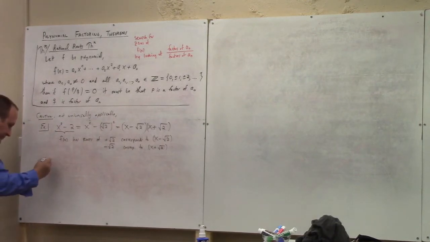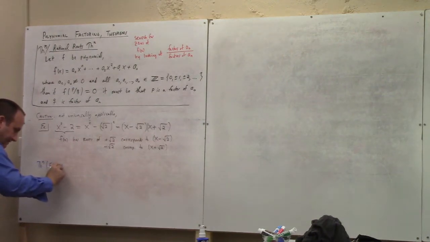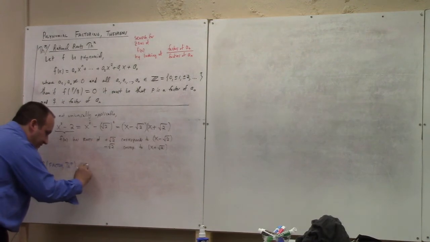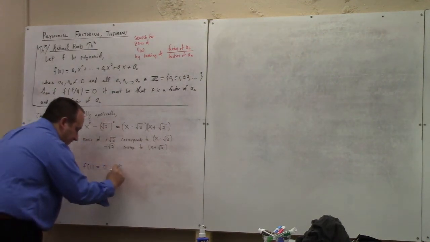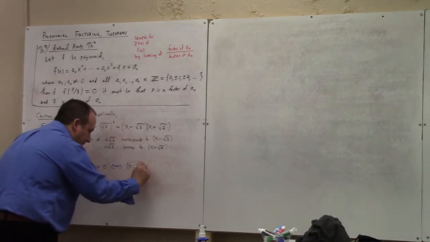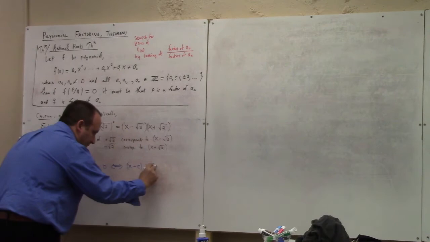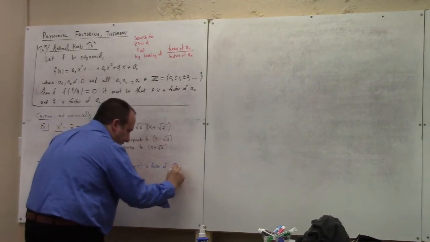All right, let me write it out again. Theorem. Factor theorem. It says f of c is equal to 0 if and only if x minus c is a factor of f of x.